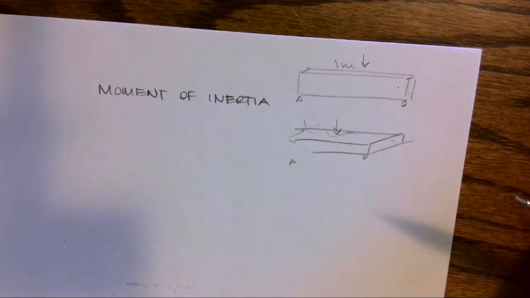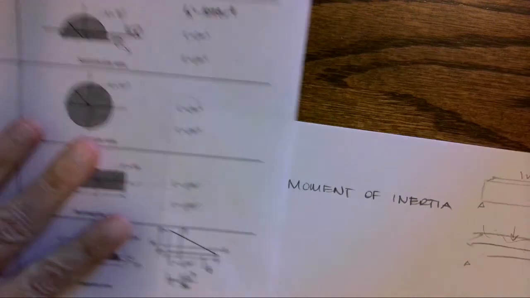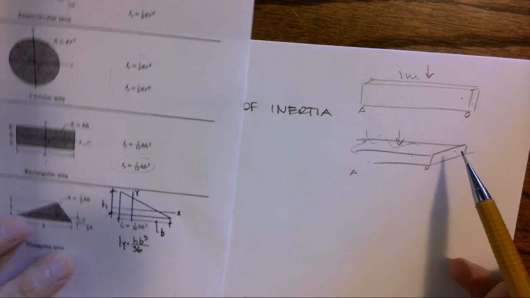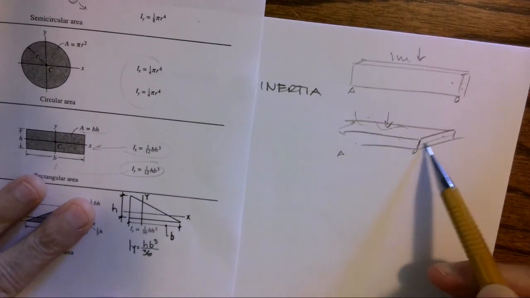Okay, so let's go back and look at our little sheet here, and look at the moment of inertia of a 2x4. We'll just do a 2x8 because it'll make the numbers even bigger. Let's look at the moment of inertia about this axis.